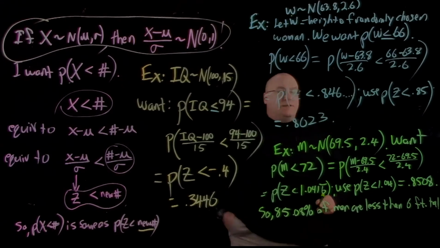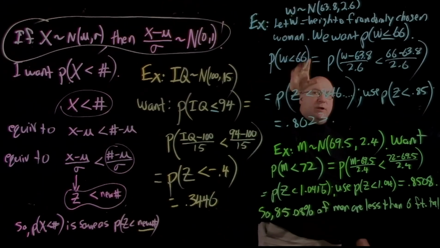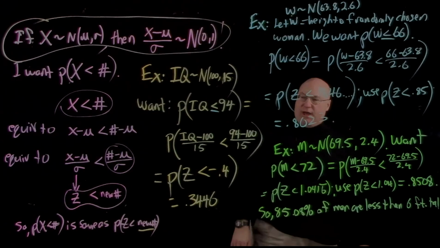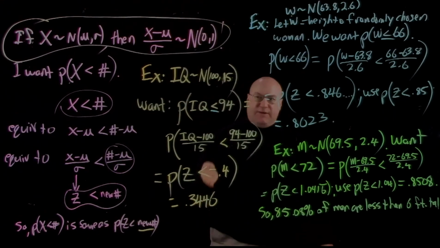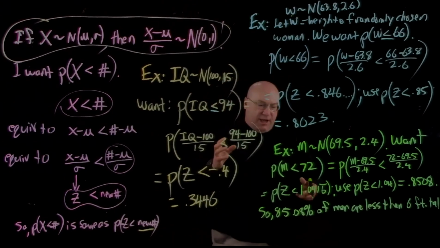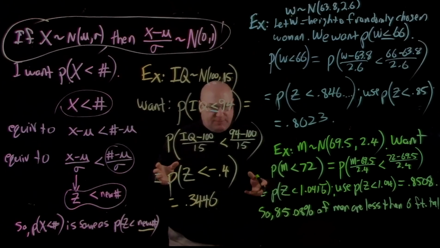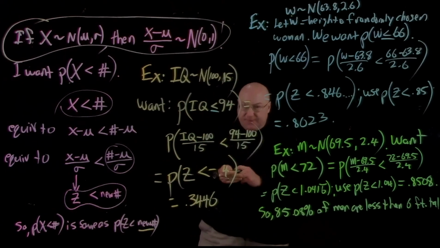Okay? I can state this problem up here as 80.23% of women are less than 66 inches tall. I can state this one over here as 34.46% of all people have IQs less than 94, right? So it's good to think now of probabilities as percentages in a population, which you already should have been thinking that way, but this makes it more explicit. All right.